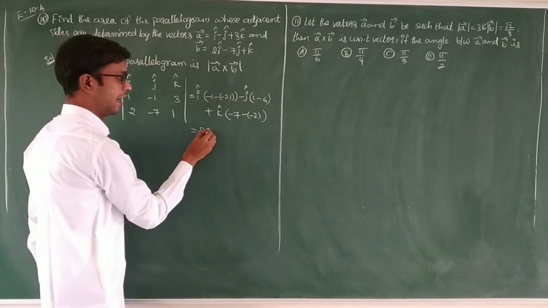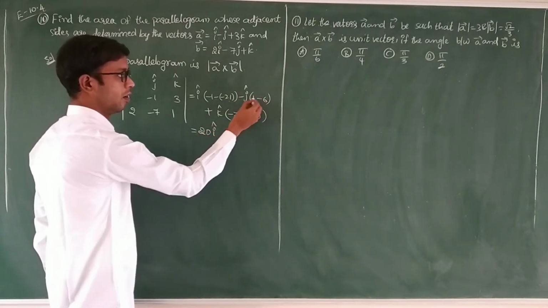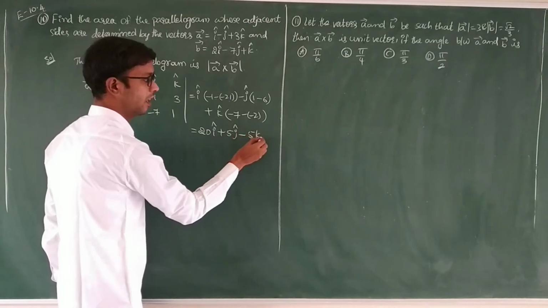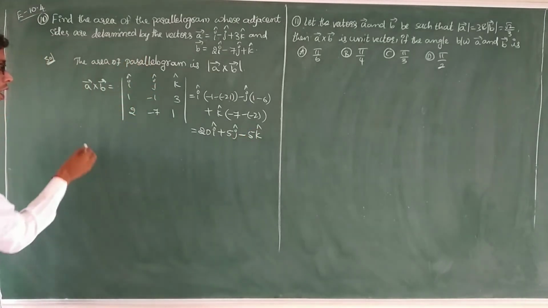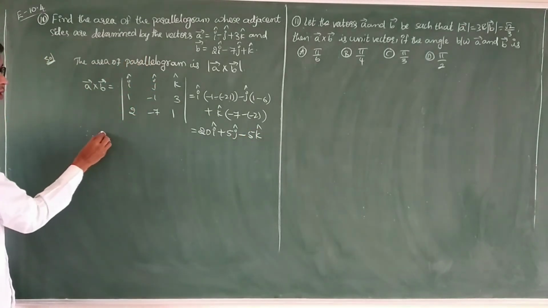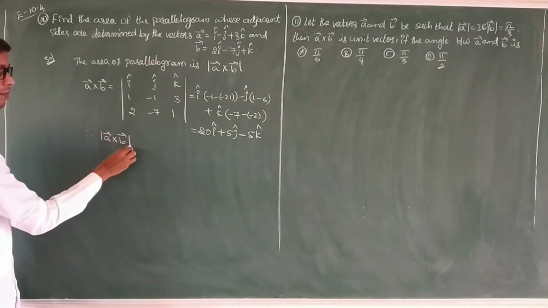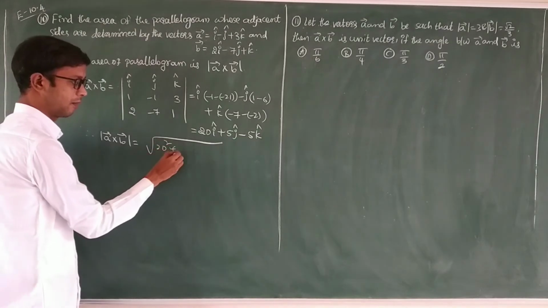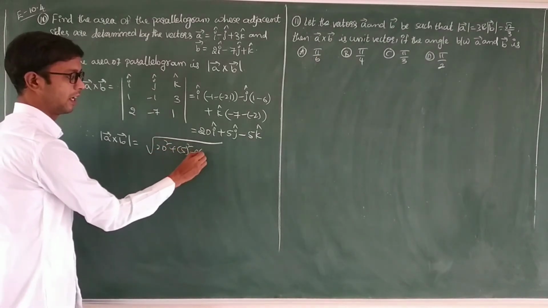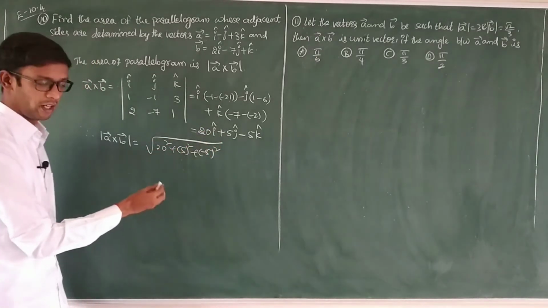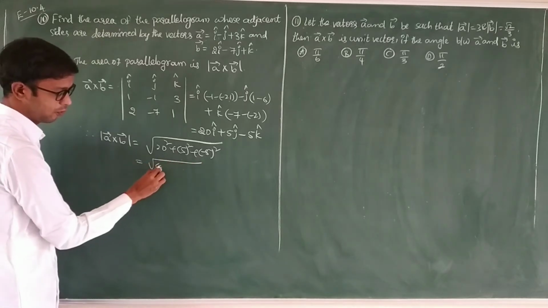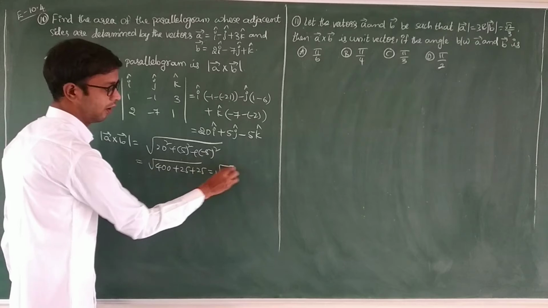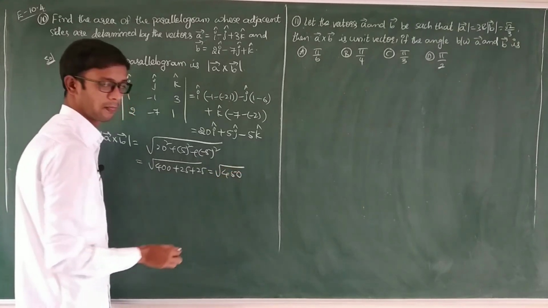So 20 I cap plus 5 J cap minus 5 K cap is the vector. Now the magnitude of A bar cross B bar is the square root of 20 square plus 5 square plus minus 5 square, that is 400 plus 25 plus 25, 450.